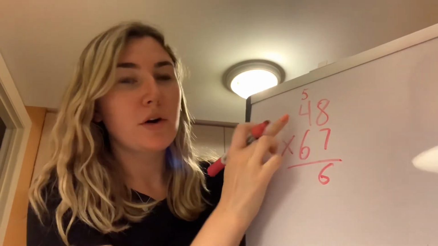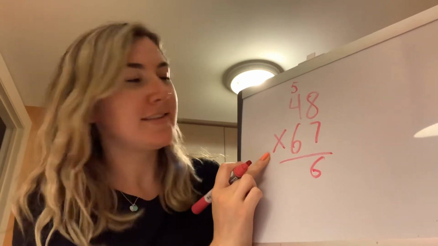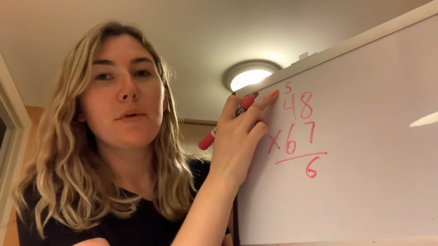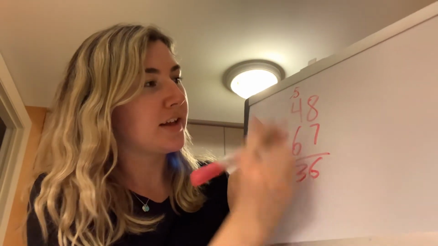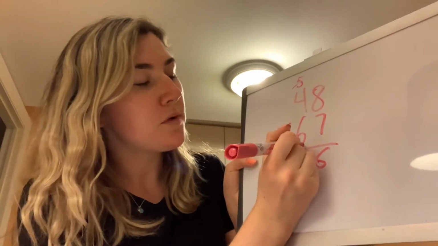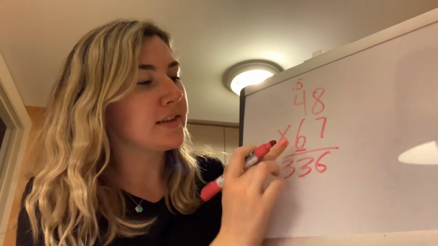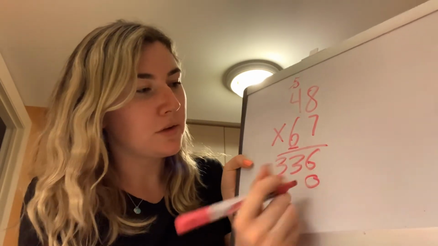Next we have 4 times 7, which will give us 28, plus the 5 on top, which will give us 33. Now I'll cross that out to make sure that it doesn't confuse us on our next step. So now we're multiplying our 6 in the tens column. And of course we know we need to make sure we're including our 0 here.